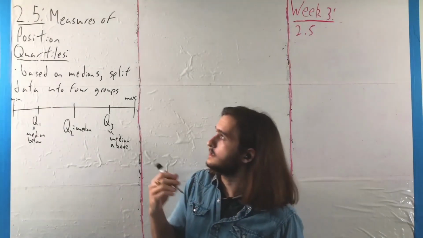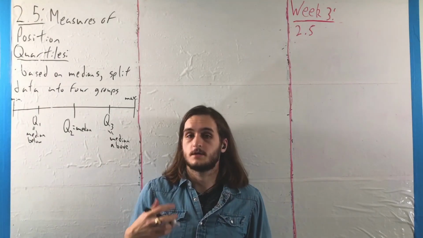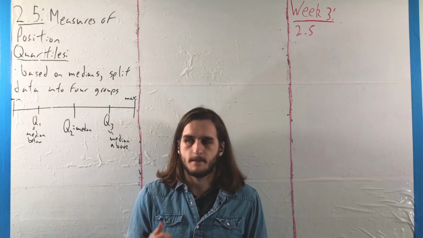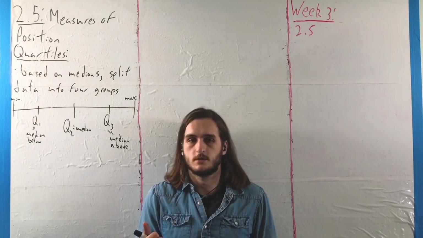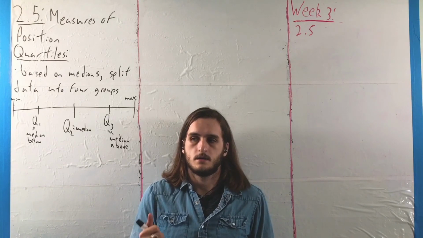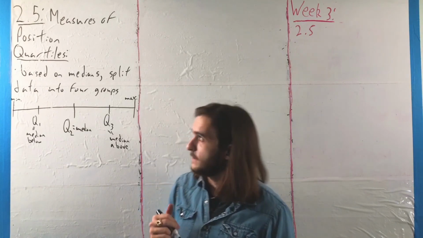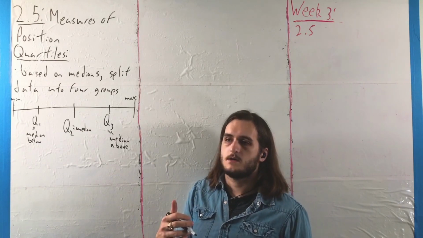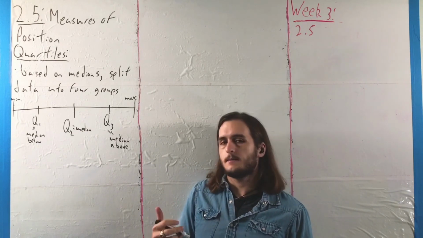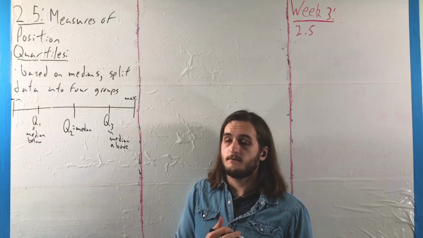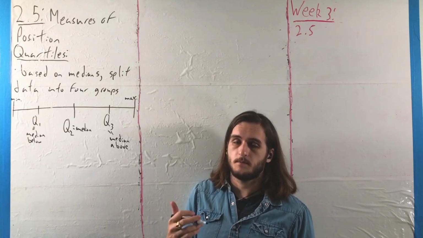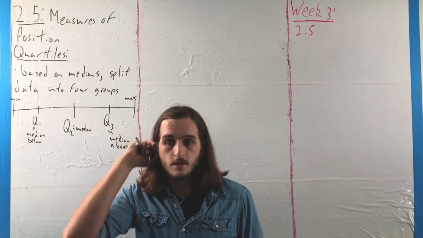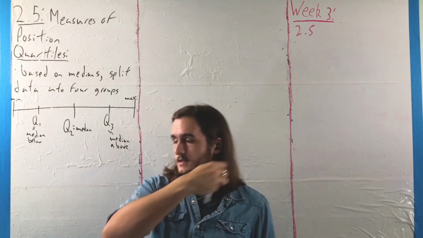So for our last section of this chapter, of this unit, we're looking at measures of position, which thankfully is a bit less of an ambiguous name than some of the stuff we looked at in the other sections for this chapter. Basically what we're trying to do here is find ways to describe where a data point fits into the data set relative both to other points in the data set and special values in terms of the data set.